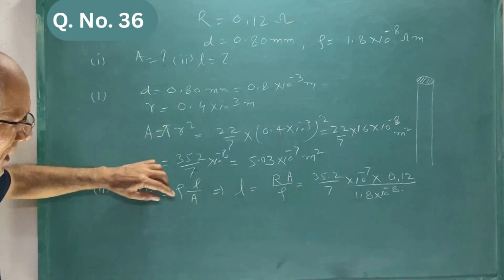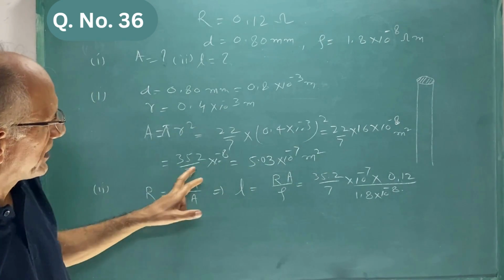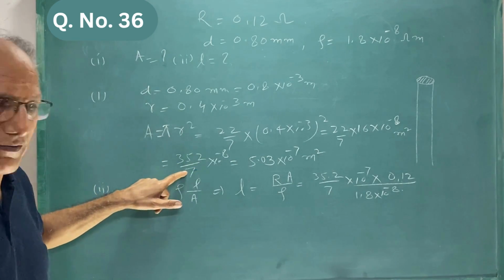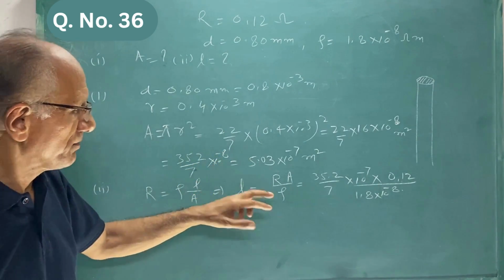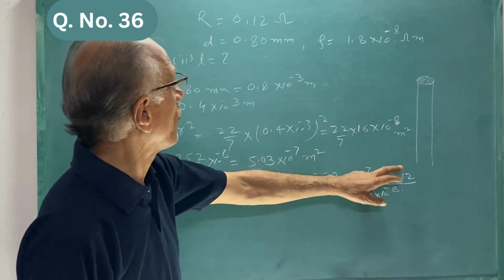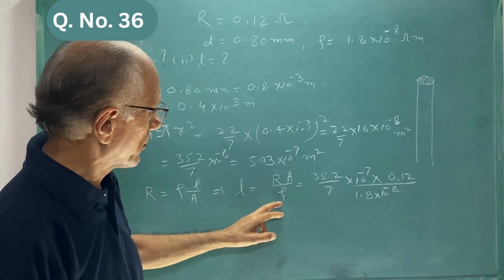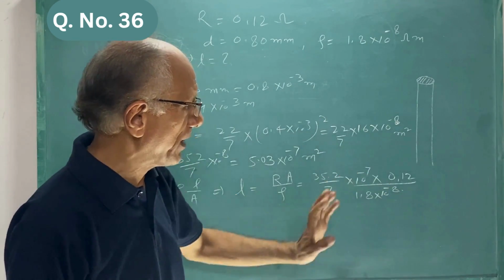Once again, L equals R A upon rho. So A we just calculated, we'll use this one: 35.2 divided by 7 into 10 to the power minus 7, and the resistance is 0.12. We have already been given the specific resistance, resistivity, 1.8 into 10 to the power minus 8.